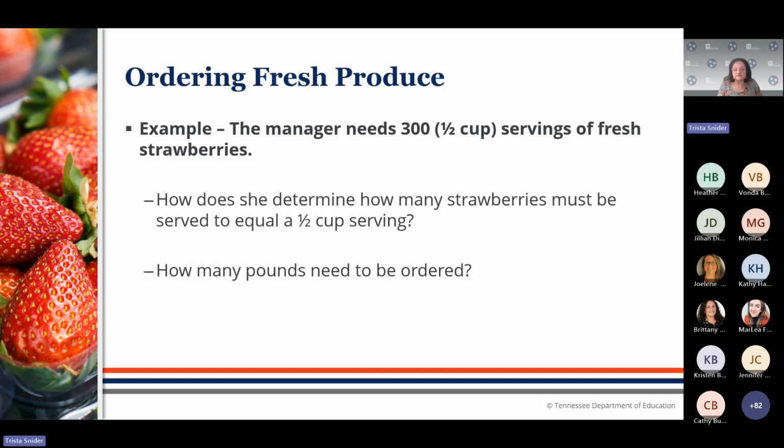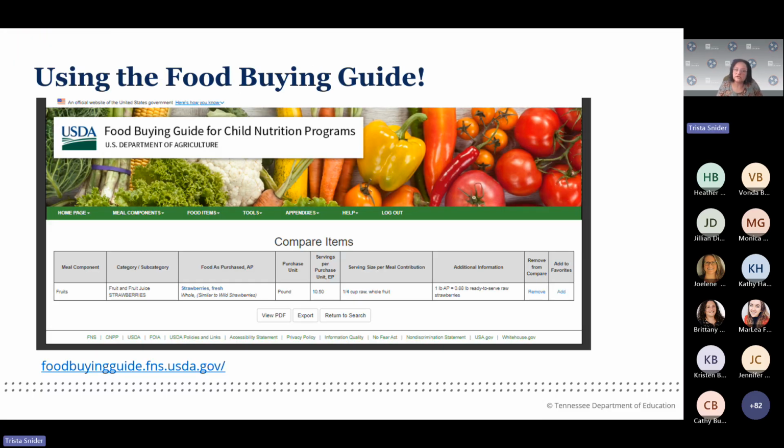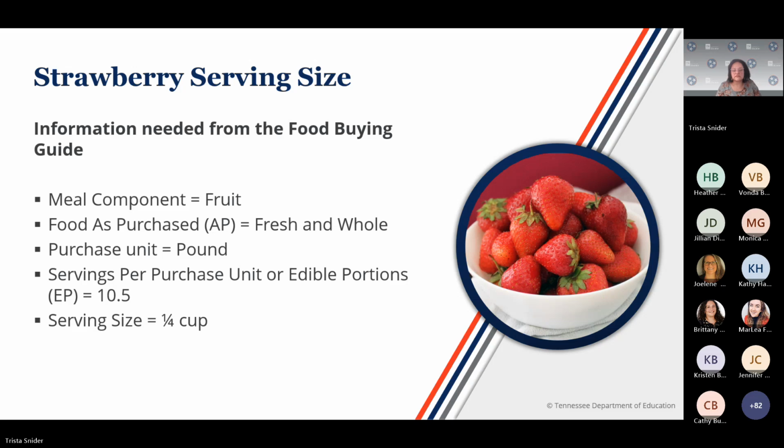So let's do the math. First thing we're going to do is go to the lookup feature on the food buying guide and search for strawberries. Then we select the one that is the most applicable to what we want. In this situation it is strawberries that are fresh and whole. It was a little harder to see on that screen, so I have it here for you.